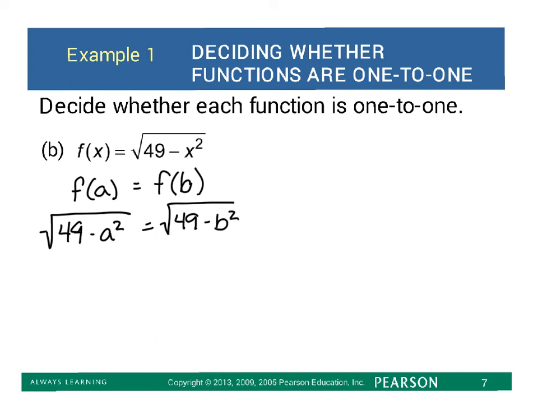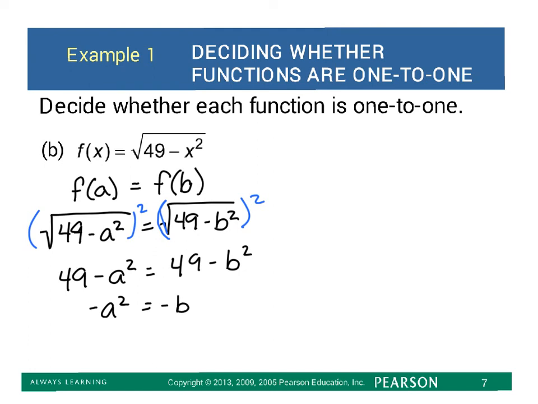Now we're going to square both sides to get rid of that square root. Once we square both sides, we get 49 minus a squared equals 49 minus b squared. Now subtract 49 from both sides.